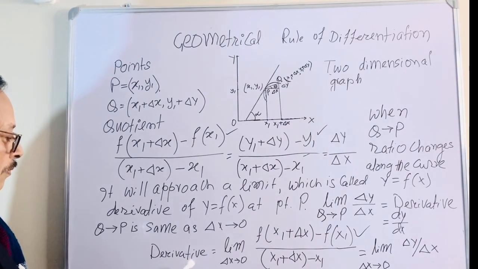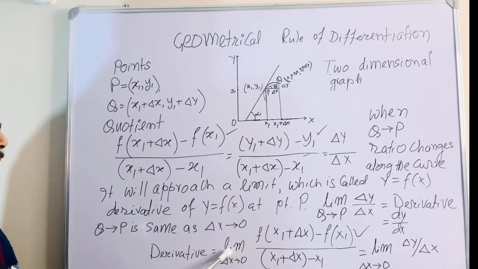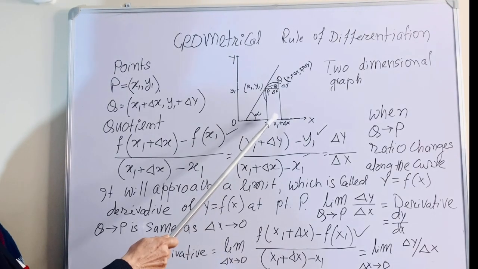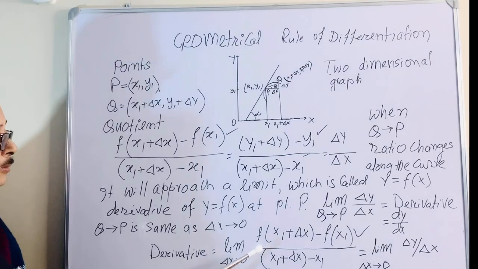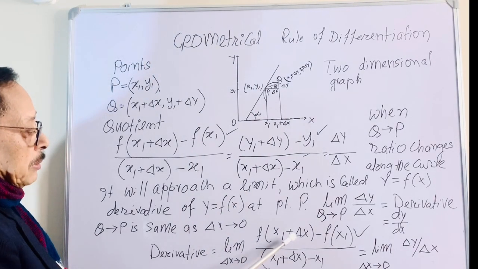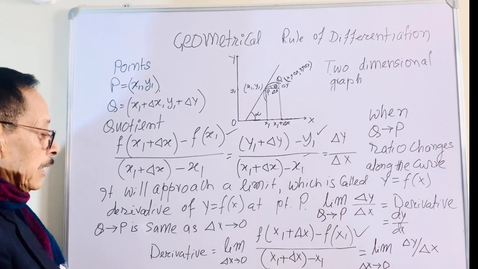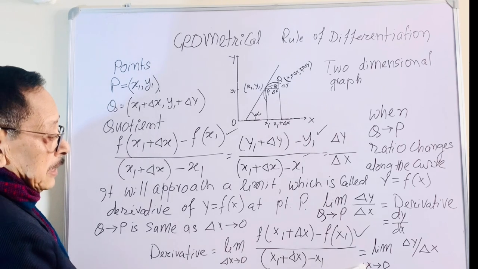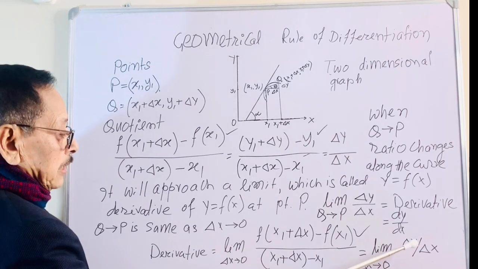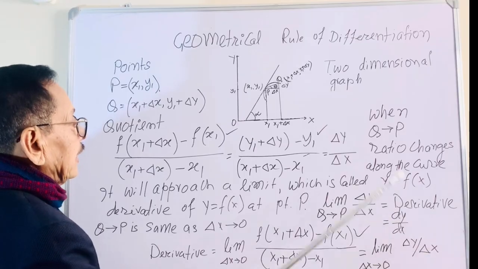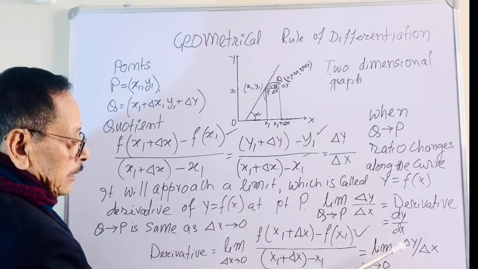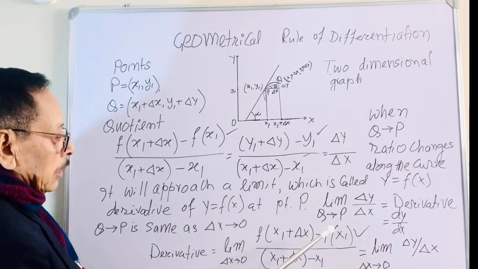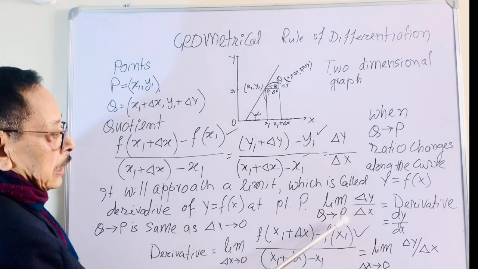Now, the derivative is limit delta x tends to 0 of f(x1 plus delta x) minus f(x1), by x1 plus delta x minus x1. This is equal to limit delta x tends to 0 of delta y by delta x, and this is called the derivative.